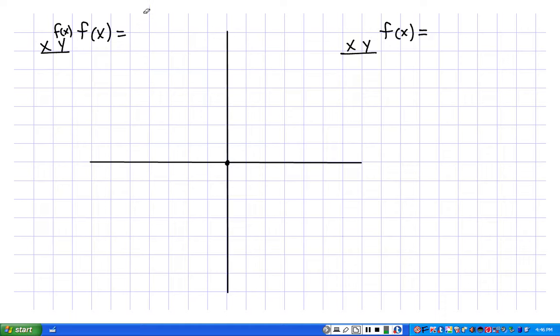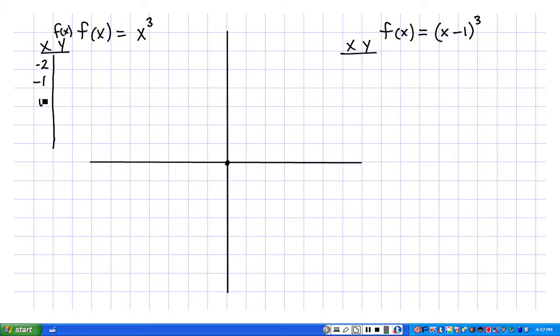Let's go with, change my color back. Okay. So let's go with x to the third, which is one of our parent functions, versus x minus 1 to the third. Okay. So we'll make our table of values.